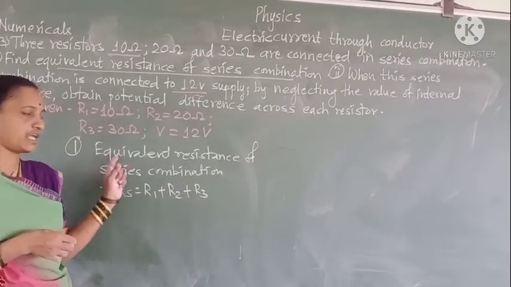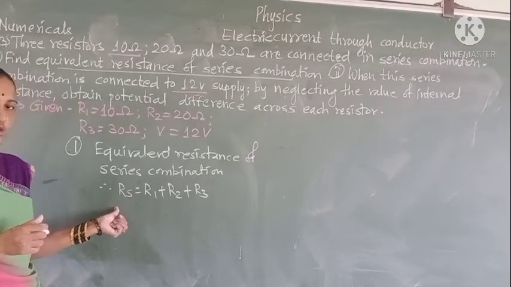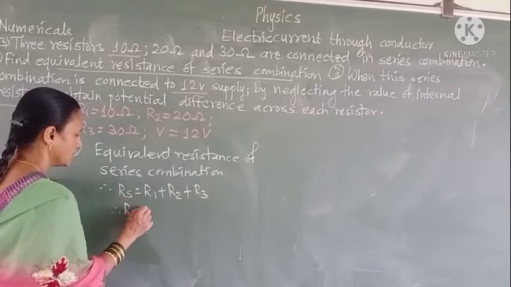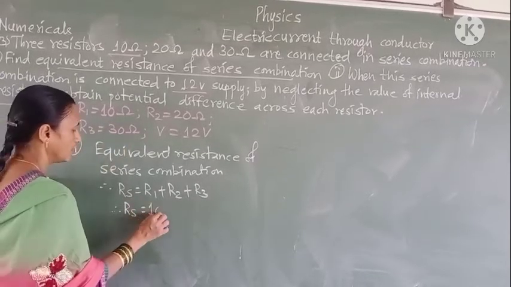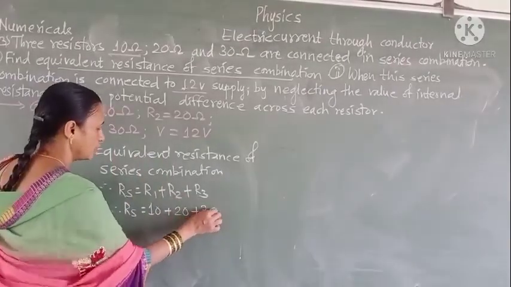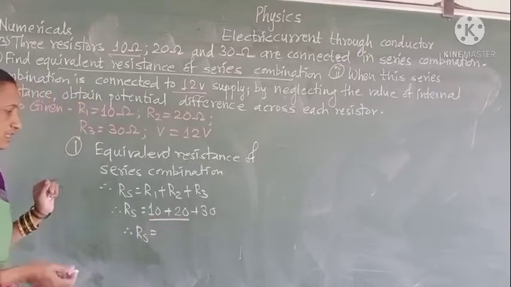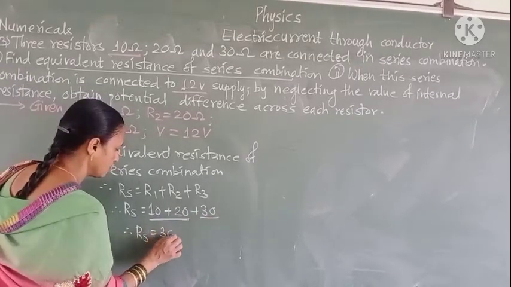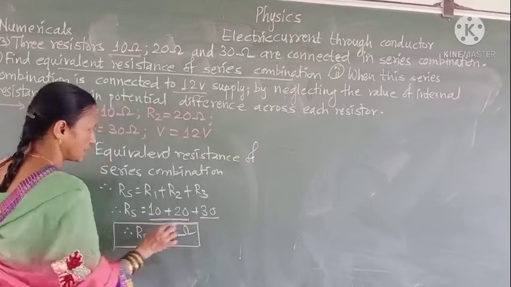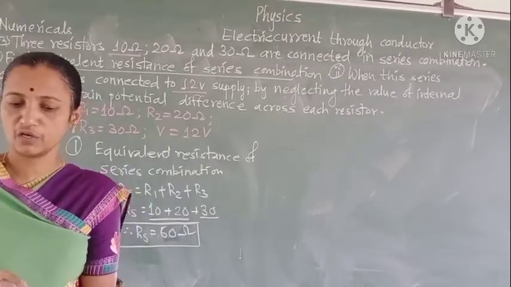In case of the series combination, we have to add the individual resistances, that is RS is equal to R1 plus R2 plus R3. Hence RS is equal to R1 having the value 10, R2 having the value 20 and R3 having the value 30. Hence RS is equal to 10 plus 20, that is 30, 30 plus 30 which is equal to 60.